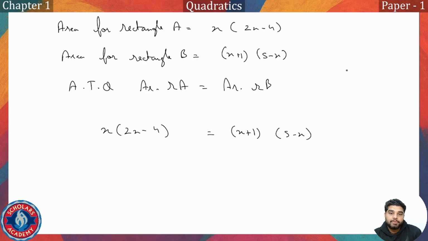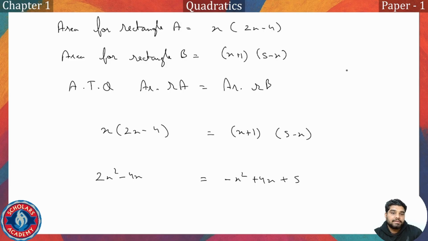Clear? We'll simplify these. We get 2x square minus 4x is equal to negative x square and plus of 4x and plus of 5.